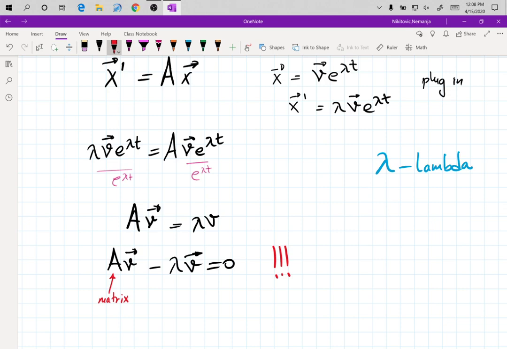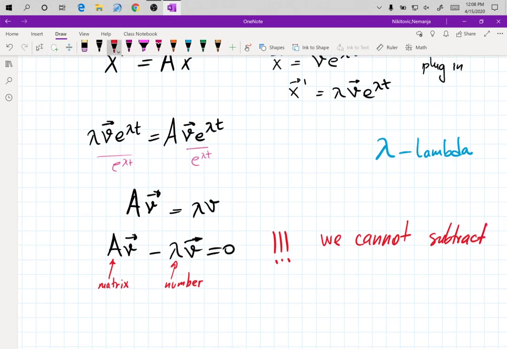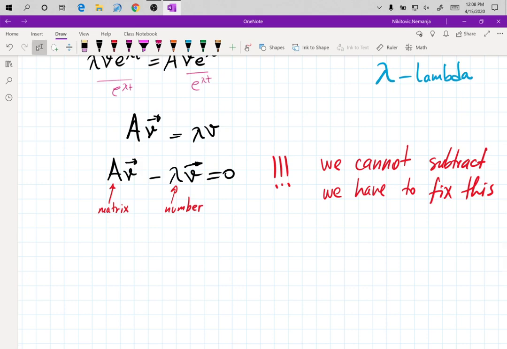All right, cool. That's a number. So we cannot subtract. We have to fix this. And there is a very easy fix.